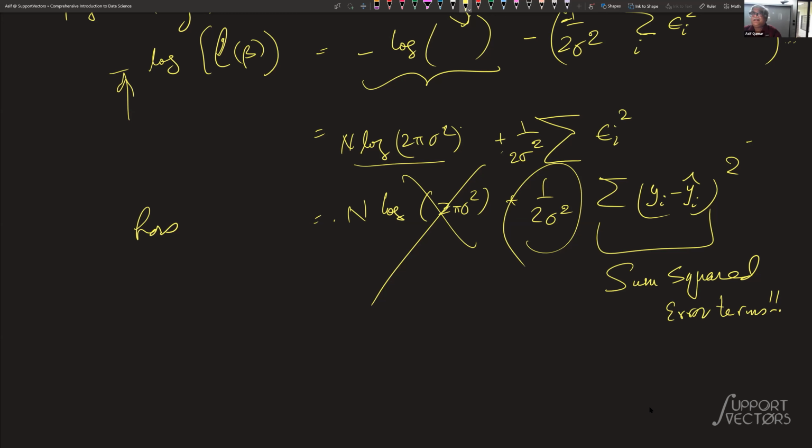Are we drawing a parallel between residual and distance from the decision boundary? Is this comparable? See, distance from the decision boundary is very specific to linear classifiers, but this negative log likelihood concept is true for all sorts of very, very deep and highly nonlinear neural networks. It's a more universal concept.